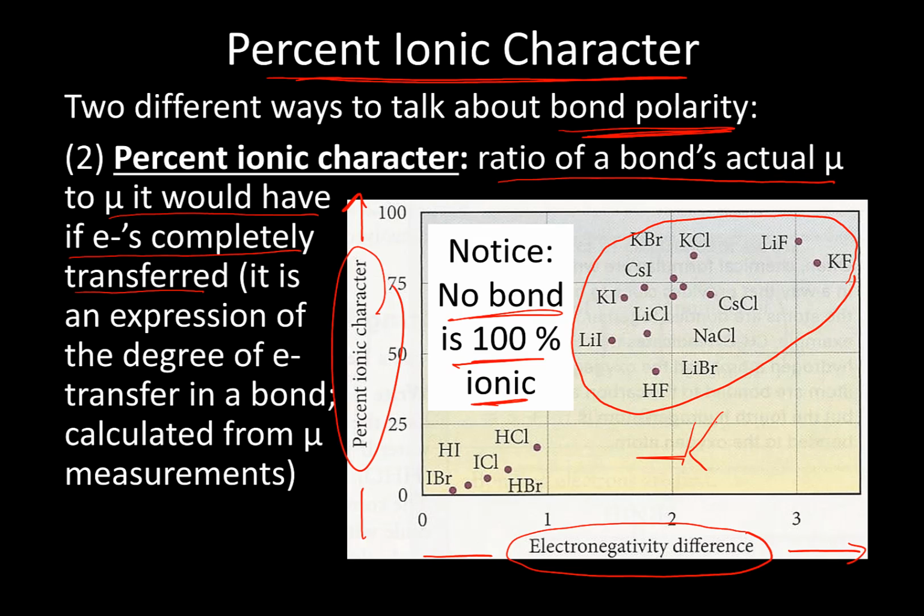For example, looking at this compound here, potassium has a +1 charge, fluorine's -1, so there's one electron donated to fluorine when that potassium fluoride compound forms. If that one electron completely left potassium and was no longer attracted to the potassium nucleus, then potassium would have no reason to stick around. It would just leave. So that's why you never have a 100% ionic bond.